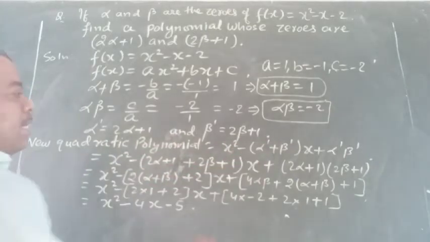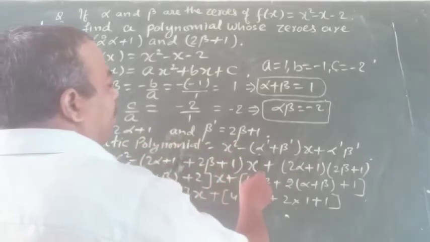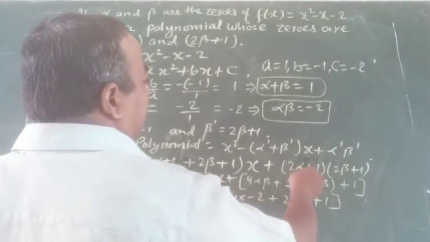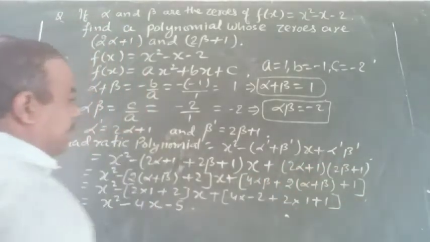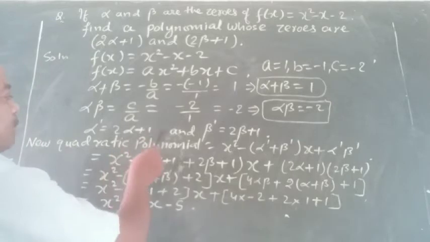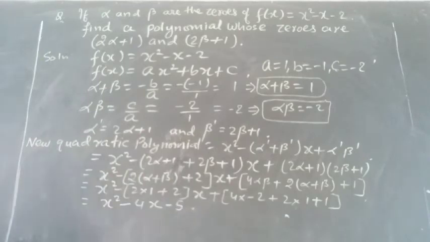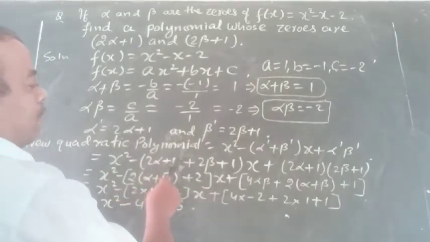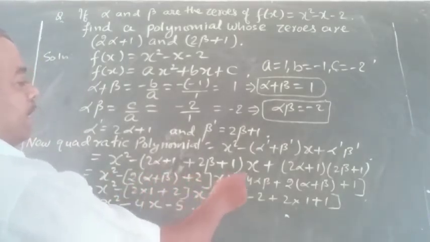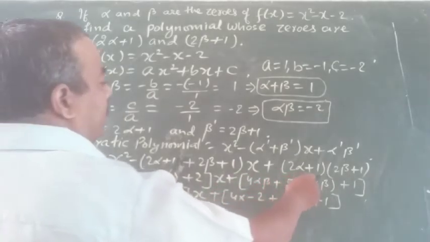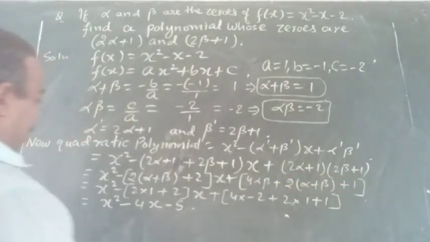Here the formula is x square minus (alpha dash plus beta dash) into x plus alpha dash into beta dash. So in the place of alpha dash I put 2 alpha plus 1, and in the place of beta dash I put 2 beta plus 1. So x square minus (2 alpha plus 1 plus 2 beta plus 1) into x plus (2 alpha plus 1)(2 beta plus 1). Solve it.